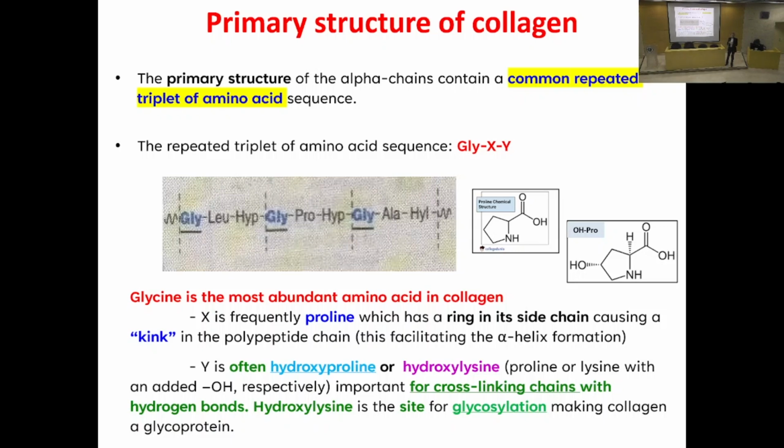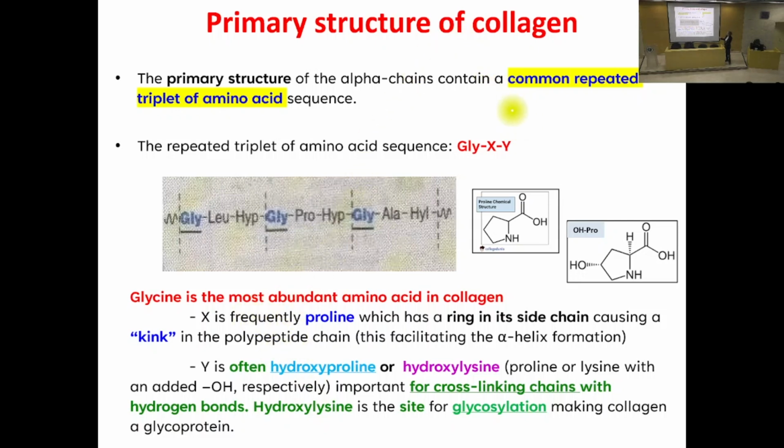It becomes a very rigid amino acid. So when the collagen is trying to take the triple helix structure, when it is trying to fold and it comes to the proline, it makes a kink, a twist, which makes the helix. Because it is very hard for the enzymes to manage proline. It is not a very manageable amino acid. So when it tries to fold and comes to the proline, it will twist and form this kind of helix. So this is for the proline.